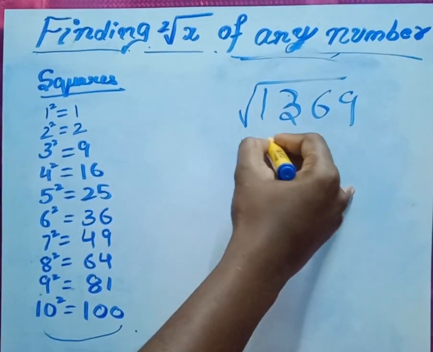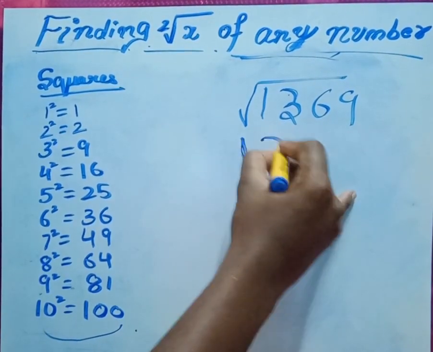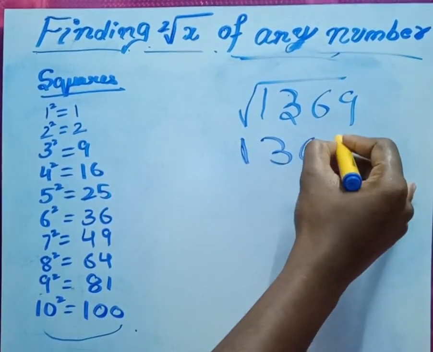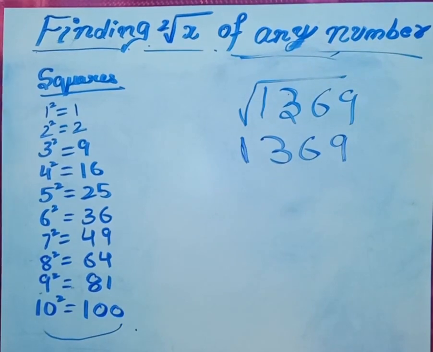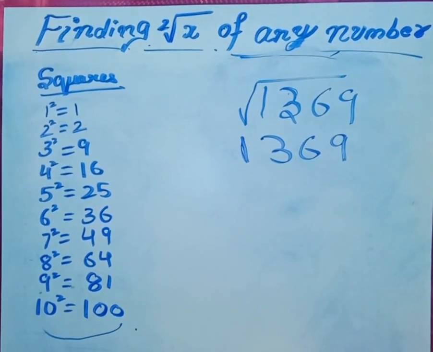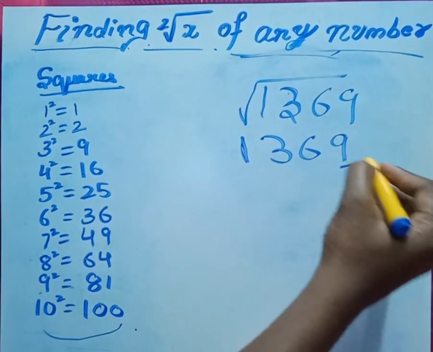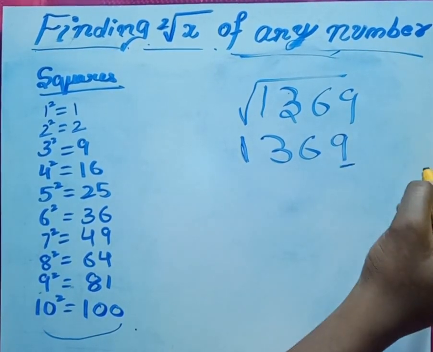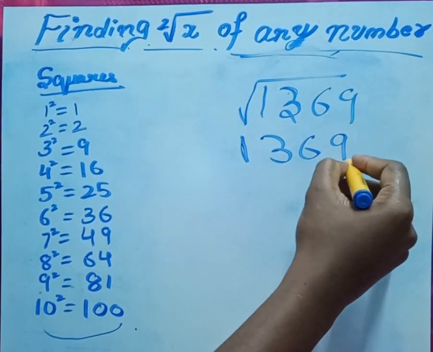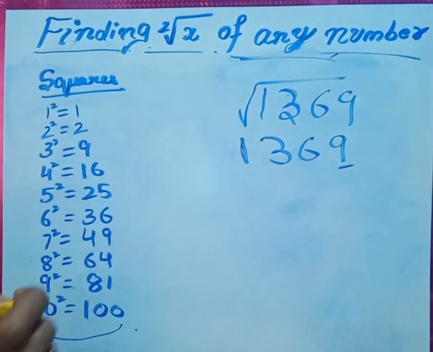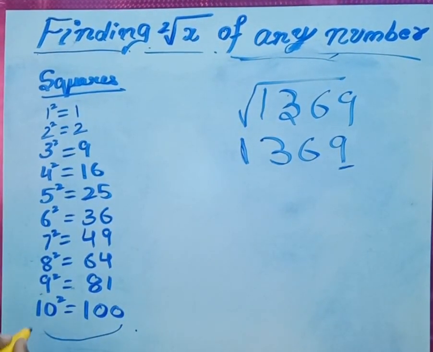So guys, we have 1369, right? Now what you have to do is see the unit digit of this number. We have a unit digit 9. Similarly, you have to find this 9 in this table. So here comes when you use this table.